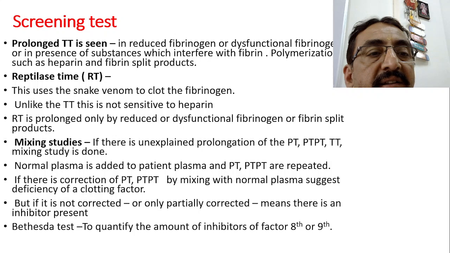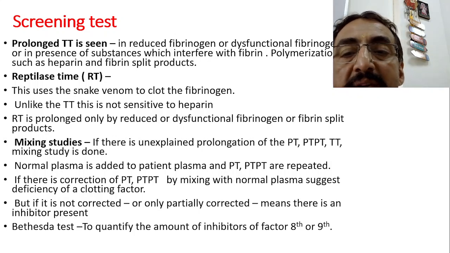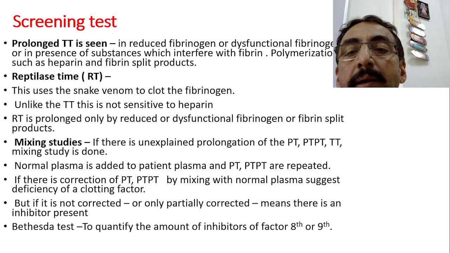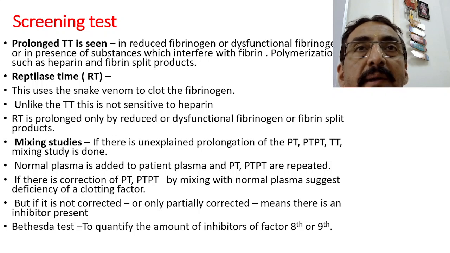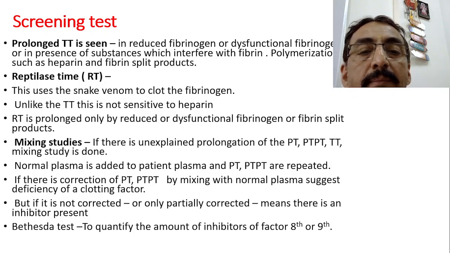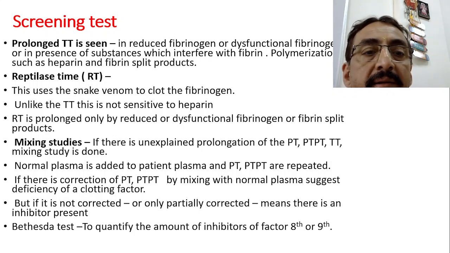Another screening test is mixing studies. If there is unexplained prolongation of the PT, APTT, TT, then we will go for mixing studies. Unexplained means we are not able to identify any problem in the extrinsic pathway, common pathway or intrinsic pathway, but still they are raised.